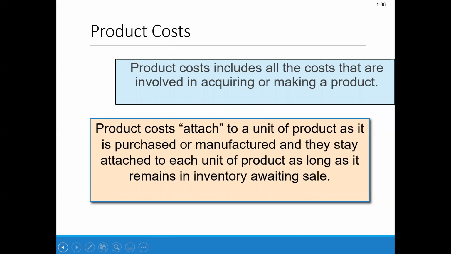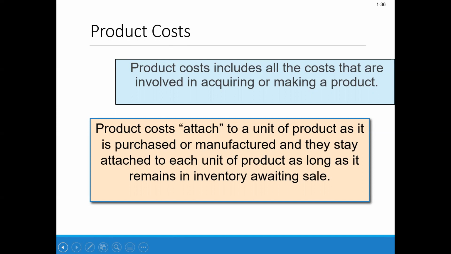Remember, the big key with financial accounting is you match revenues with the costs that were incurred to help produce those revenues. Remember that? When we're dealing with products, we don't take the cost of those products until the goods are sold.